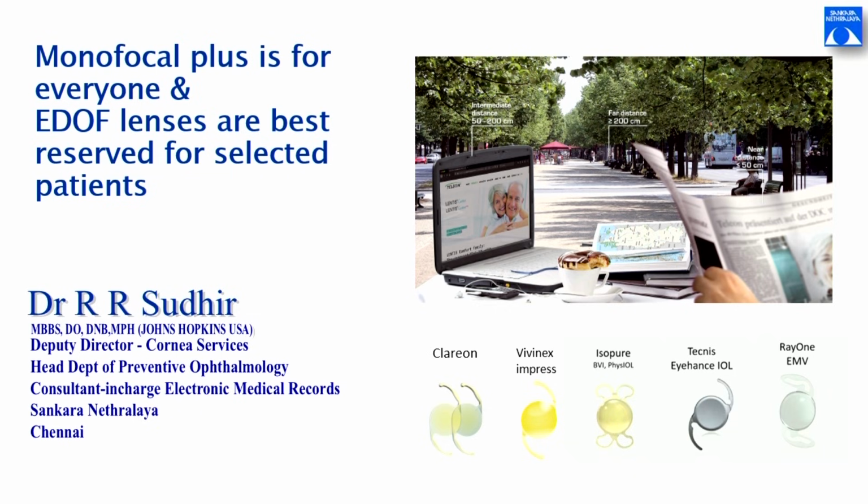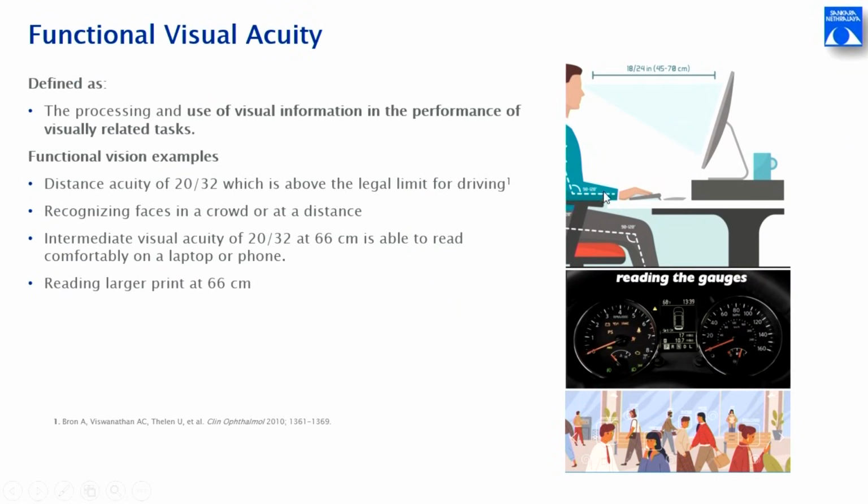When we look at this image, this is what we want: something called functional vision, the use of visual information in the performance of visual related tasks. What we need for functional vision is a distance visual acuity of 20/30, which is above the legal limit for driving.